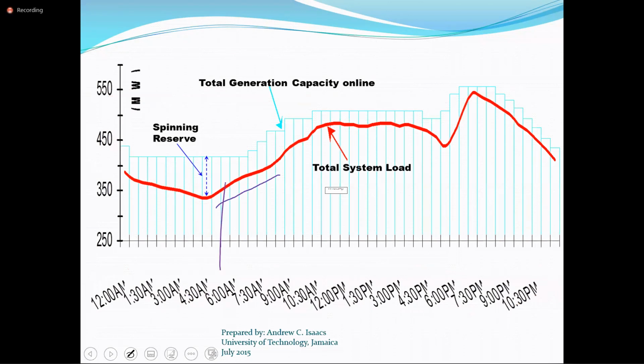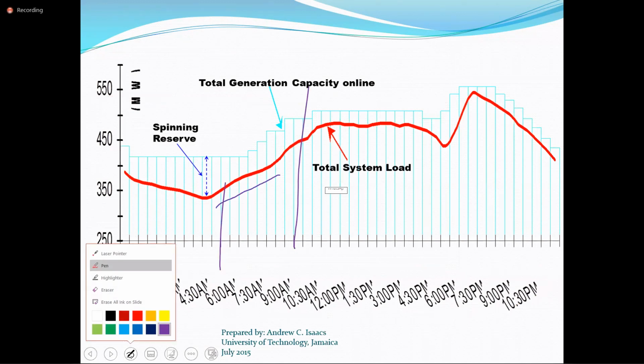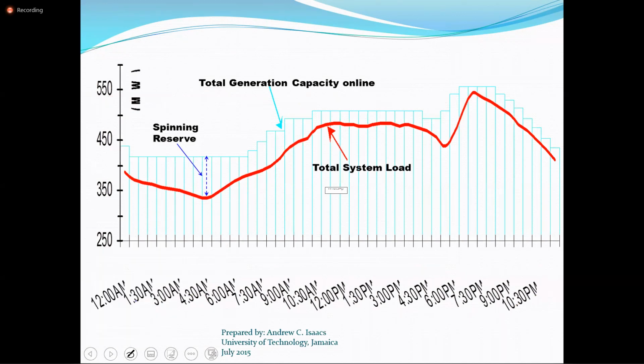What you also see is that at about 10 o'clock, we see that the demand really starts to pick up.